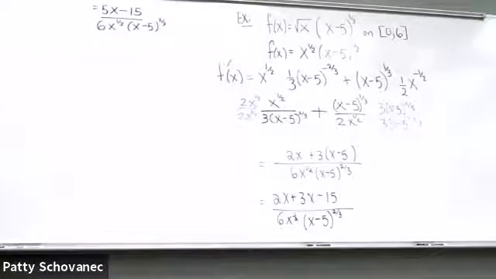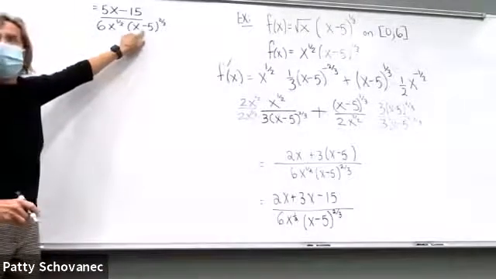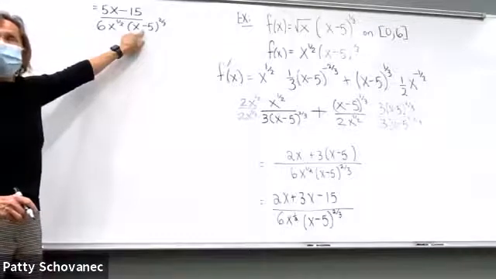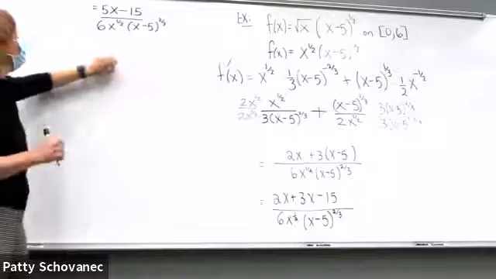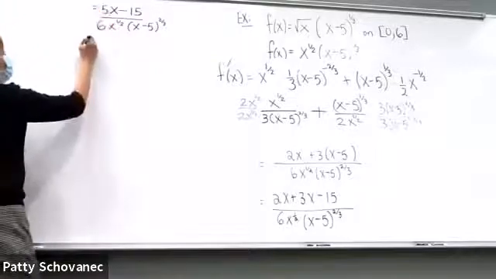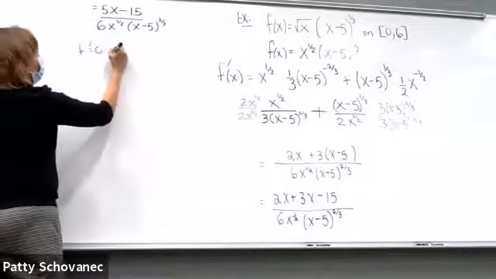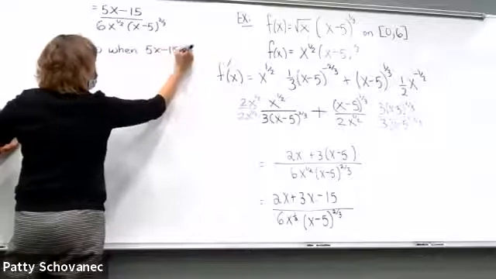So I've got 3 critical points because I've got 3 factors of x. 2 of my critical points make the derivative undefined. So those are possible places where there's a sharp corner or a vertical tangent line. And then where the numerator is 0. So first, f prime is 0 when 5x minus 15 is 0.